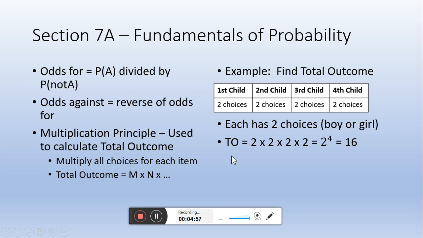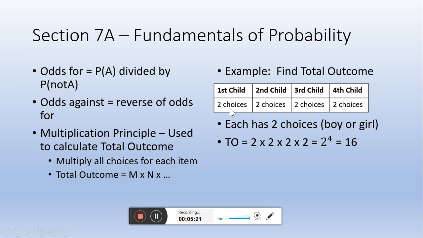So for example, here on the right hand side, we have an example: find the total outcome for a 4-child family. In other words, total outcome is the total combinations that we can have with a 4-child family. We know that for each child, there are 2 choices, a boy or girl.